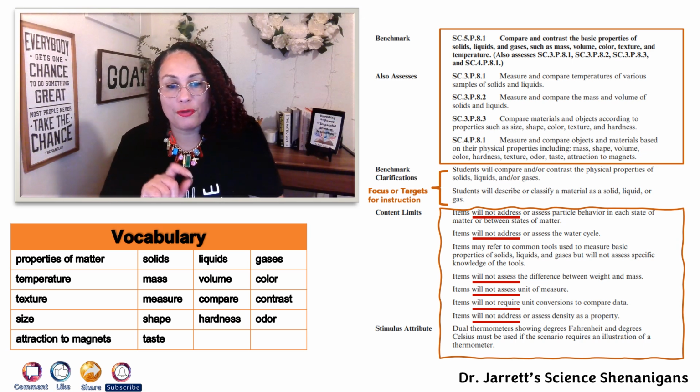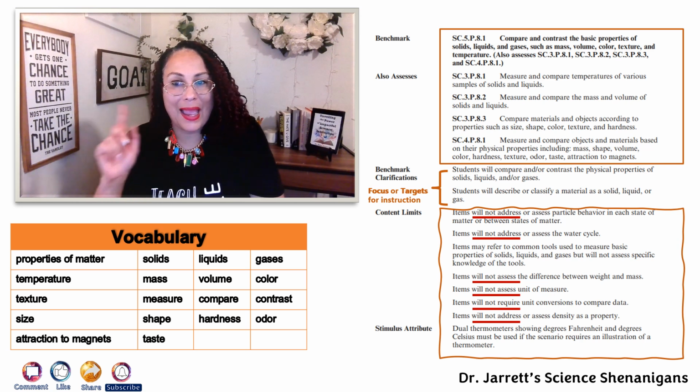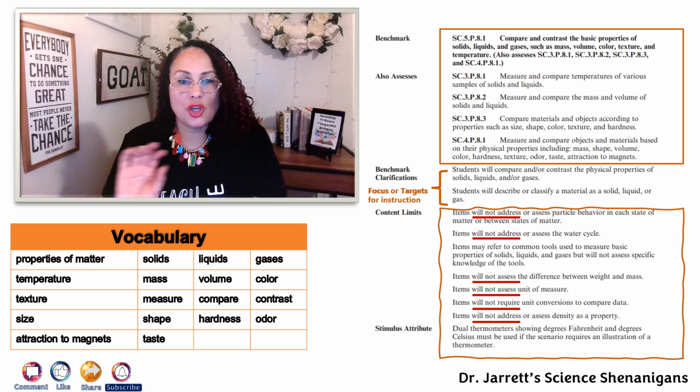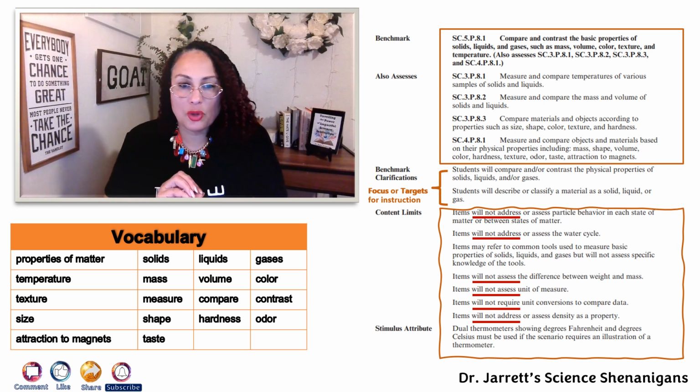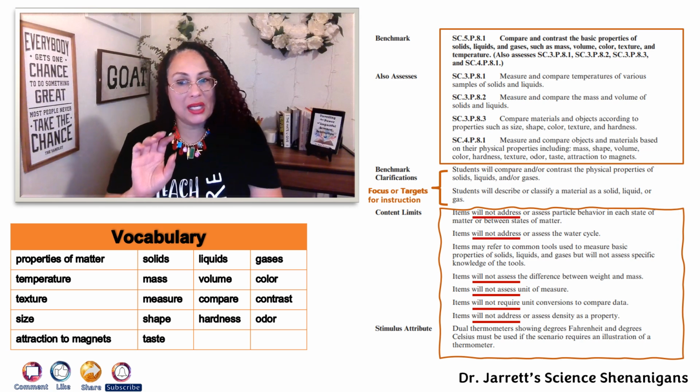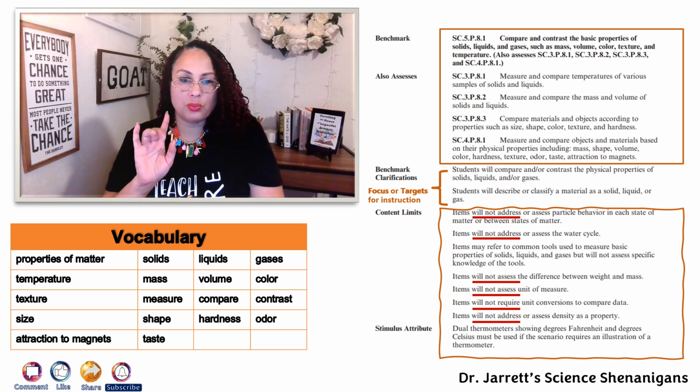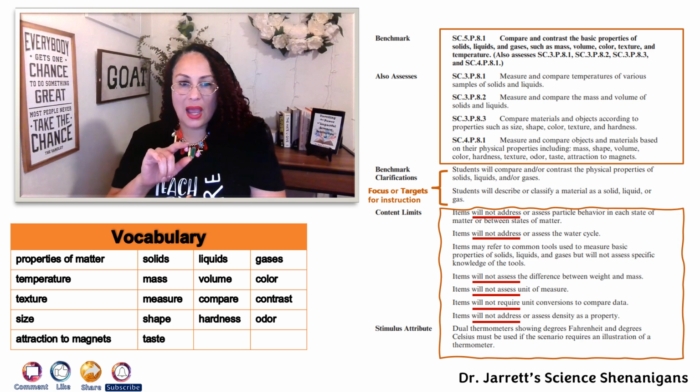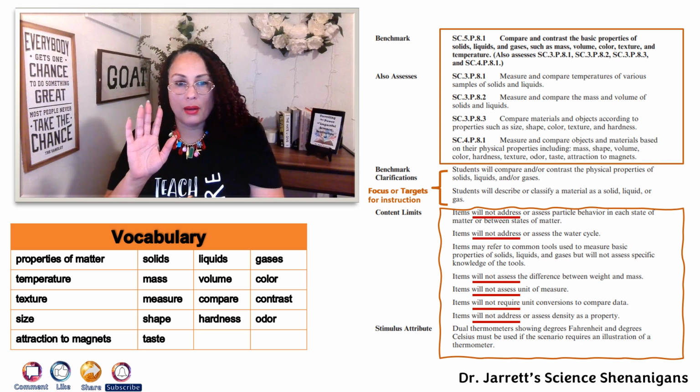Also, when we get to 4P8.1, now the students are also going to add odor, taste, and attraction to magnets. So with that vocabulary, it's not just the three properties of matter.